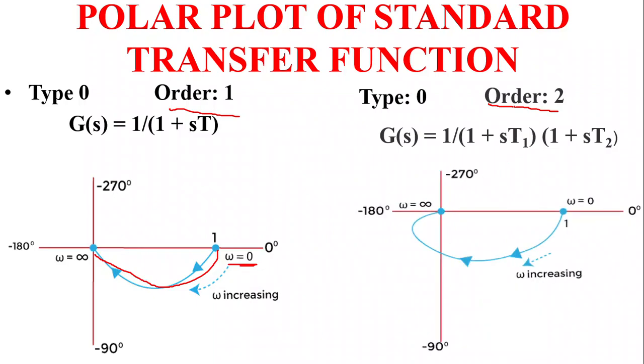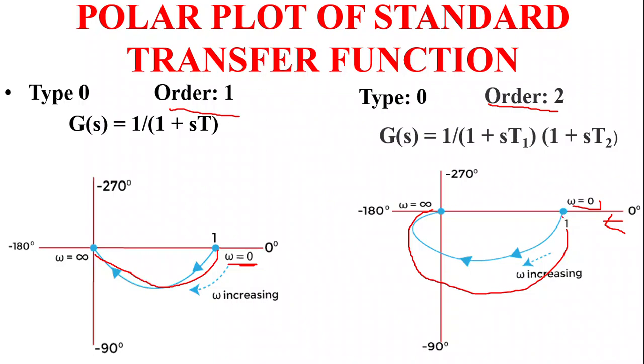Then for the type 0 order 2 system, the polar plot starts at ω equal to 0 because it is type 0, and then we increase our frequency ω to infinity, and the polar plot ends at the order 2 point.